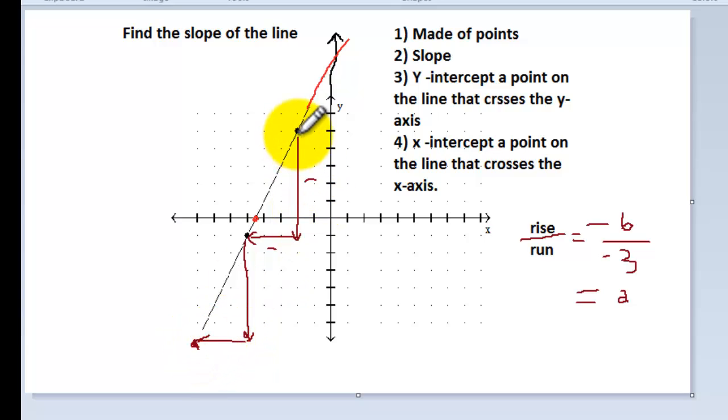Once we saw the pattern between the 2 points, then we could draw it again and find another point. And actually, since this reduces to 2, it reduces to 2 over 1. And you could go up 2 over 1 and find a point on the line.